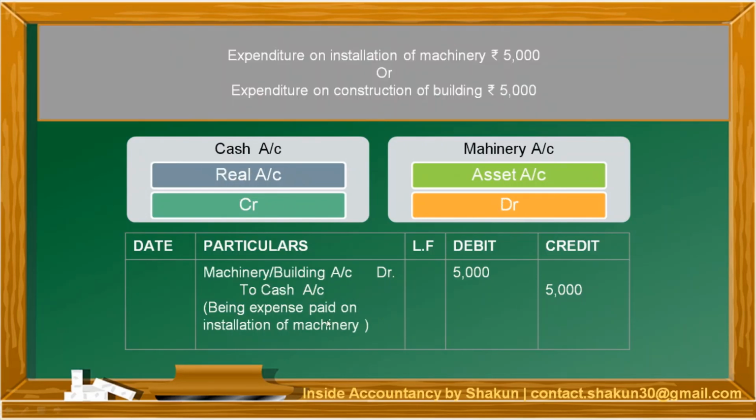Moving on. Expenditure on installation of machinery rupees 5,000, or it may be written expenditure on construction of building or any other asset for that matter. Now the accounts to be identified are machinery, and obviously the expenditure which you are making is on cash.